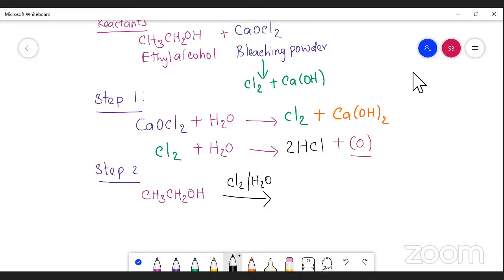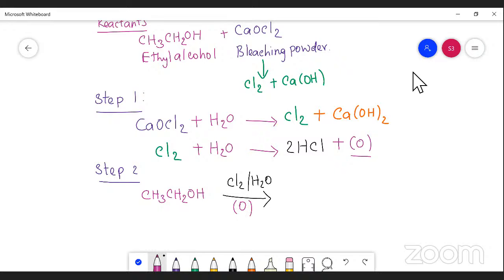chlorine water acts as the oxidizing agent, which produces nascent oxygen. We already know a reducing agent is one which produces hydrogen, and this hydrogen is utilized for the reaction. The same way here, chlorine water acts as an oxidizing agent and produces nascent oxygen. This nascent oxygen is utilized for oxidation of alcohol.